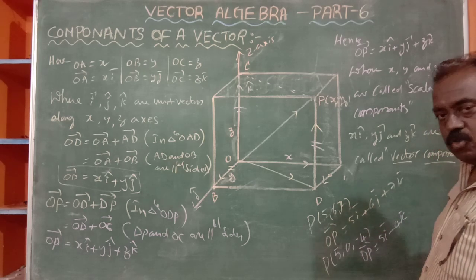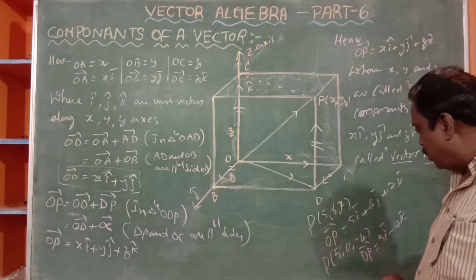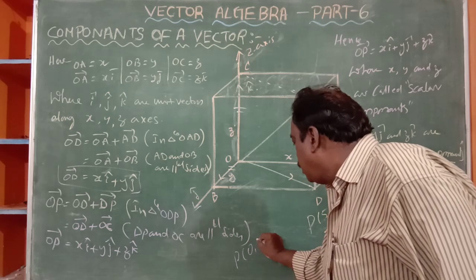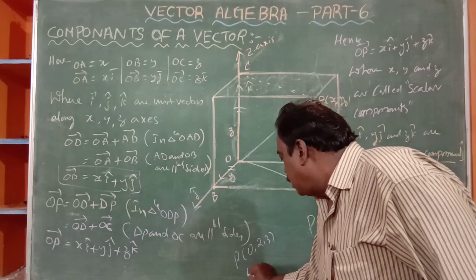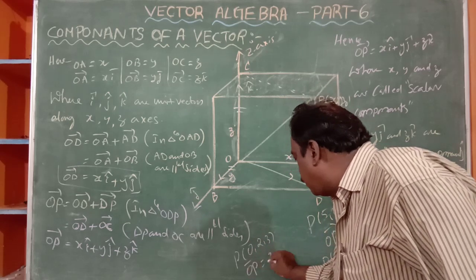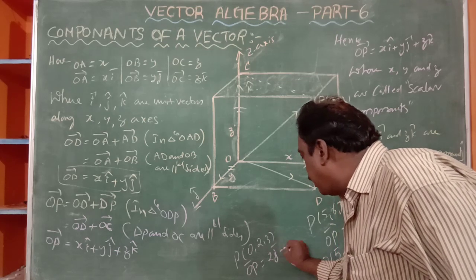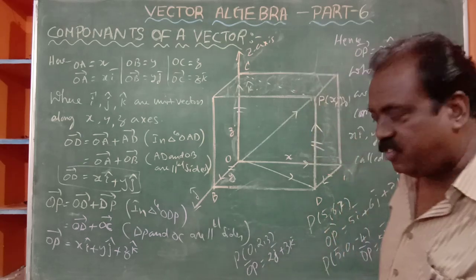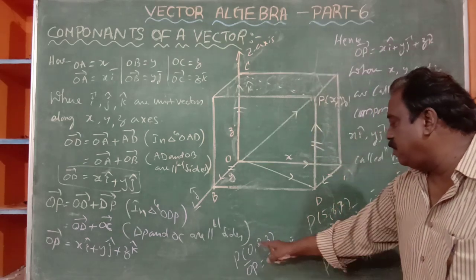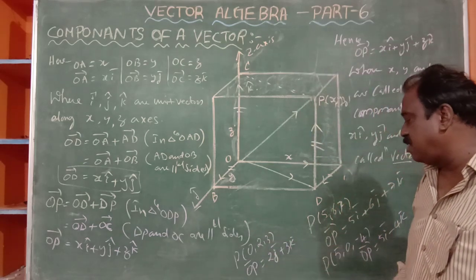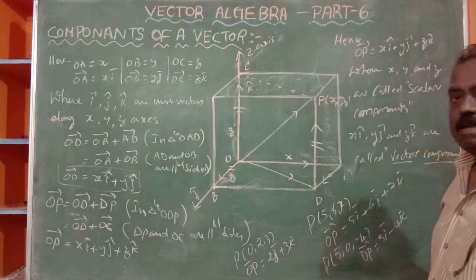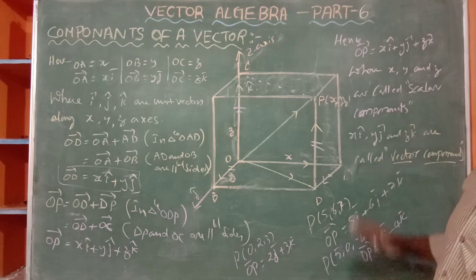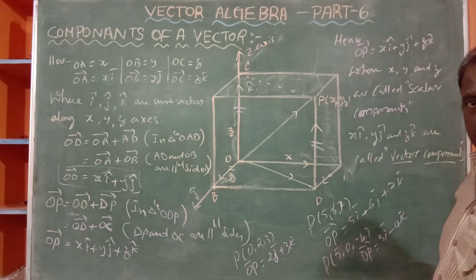Y is 0. Suppose P point is 0, 2, 3. Then OP bar is equal to 2j plus 3k. Why? Because 2 is related with j, the y coordinate, and z coordinate is there. So j cap, k cap will come. Like that we can define the components of vectors. Is it clear?